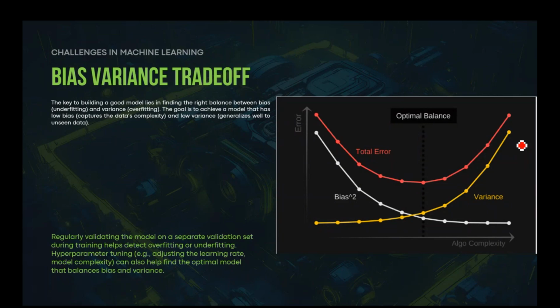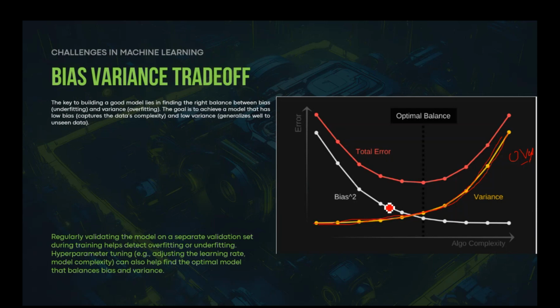As you see in the graph, as you make the model more and more complex, your variance increases slightly. After a certain point, it starts increasing at a much faster rate. Now you know that this is the overfitting side. What happens to your bias?